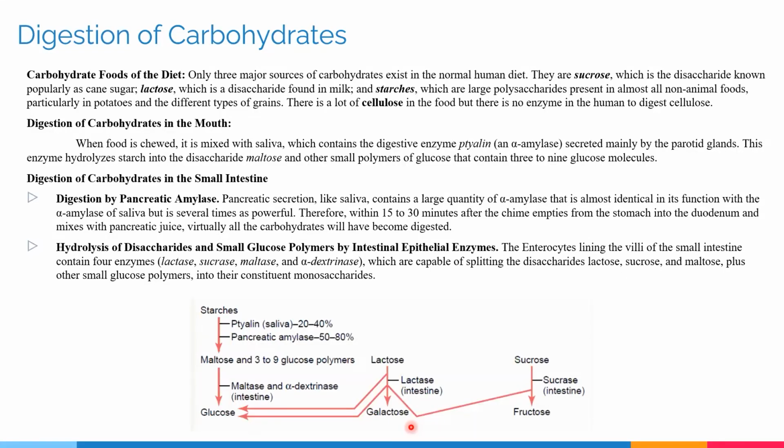After looking briefly into how the digestion of the carbohydrates, fats, and proteins occur, we will now look in detail into the whole process. First, we look into the digestion of carbohydrates.